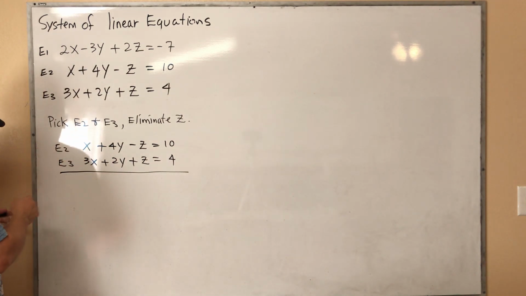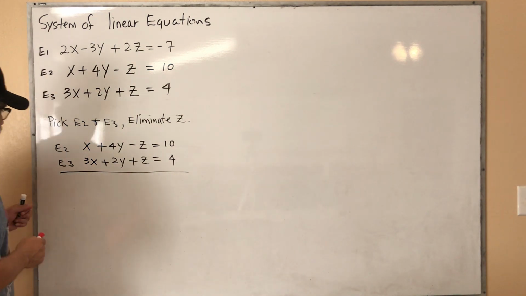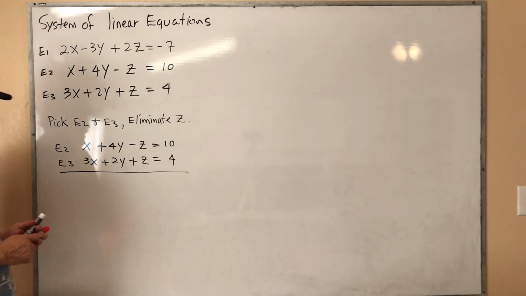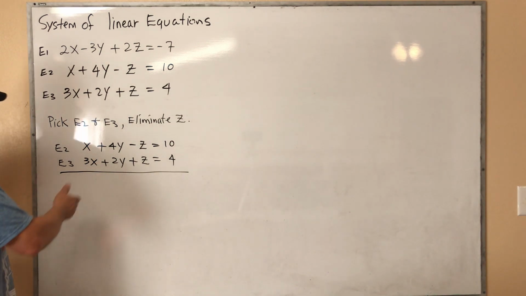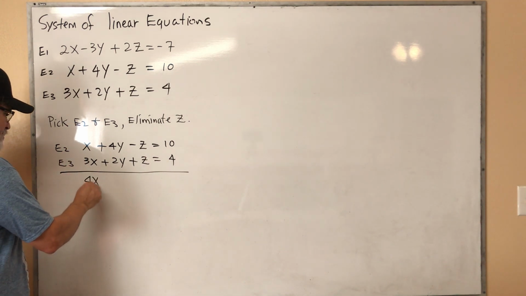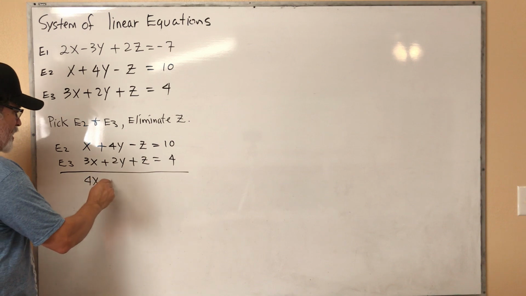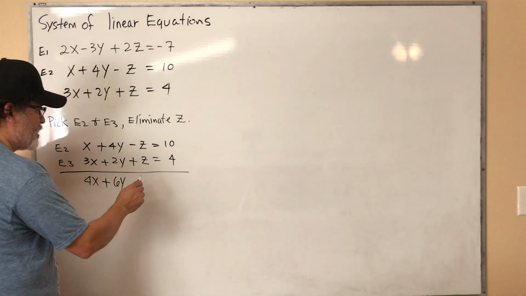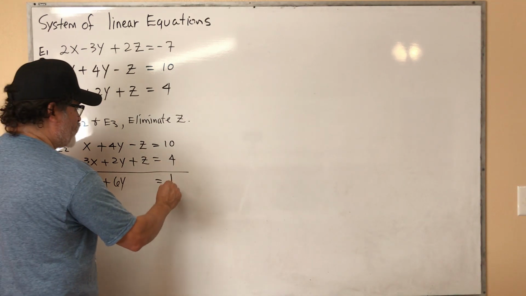If you have a different pen, try a different pen, because the next equation you're going to label differently. So add them up. What's x plus 3x? 4x. What's 4y plus 2y? 6y. The z's cancel. Equals 14.